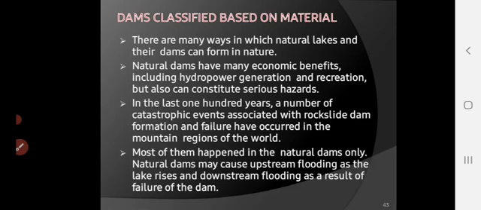In the last 100 years, a number of catastrophic events associated with rock slides, dam formation, and failure have occurred in mountain regions of the world. Most of them happened with natural dams. A natural dam may cause upstream flooding as the lake rises, and downstream flooding as a result of failure of the dam. So natural dams are hazardous in terms of natural phenomena.